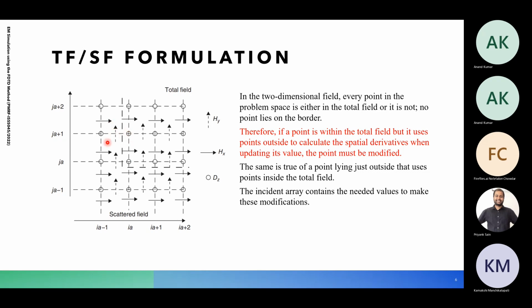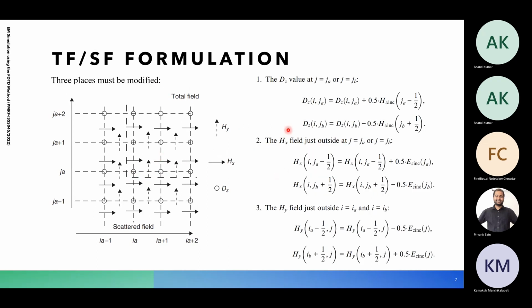This might cause some errors, so we have to modify the update equations for the nodes near the boundary, such that if they are being updated by a node outside, we subtract the scattered field part from the inside, and if the nodes lie outside, we subtract the scattered field part from the total field of the node lying inside. To solve this, we saw the update equations for the modified field values at these nodes.